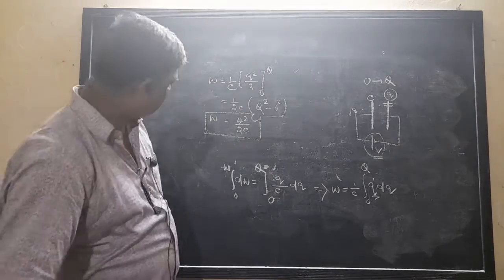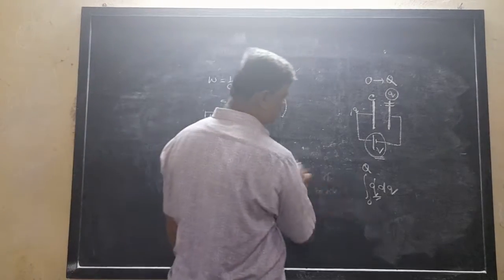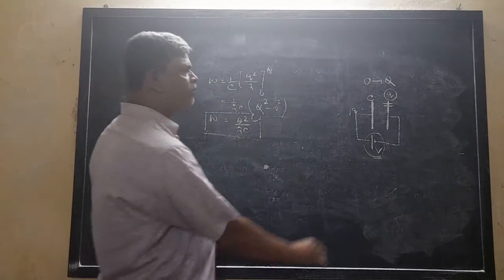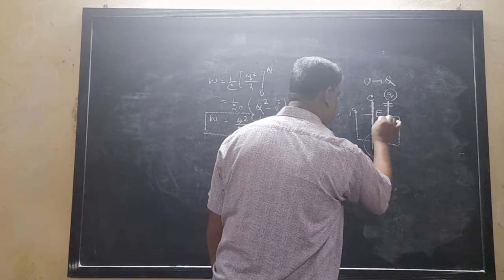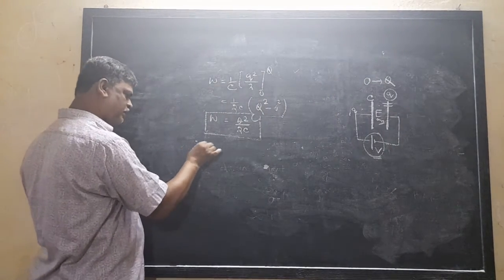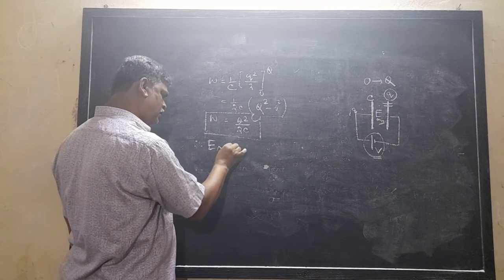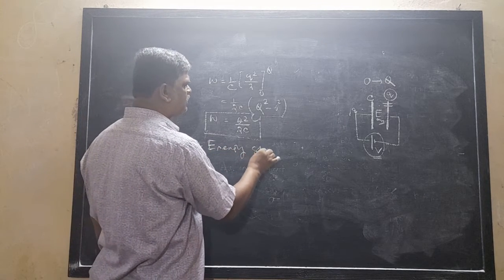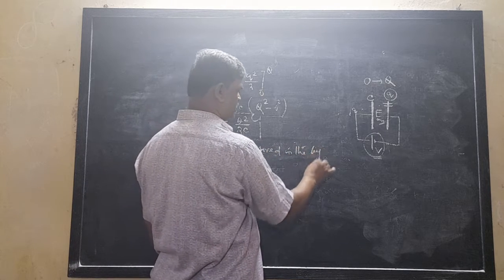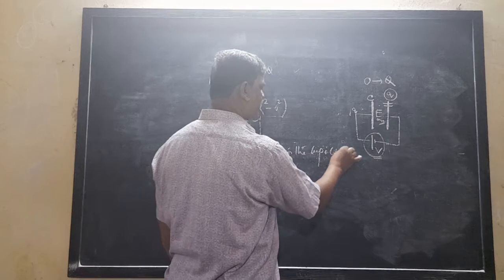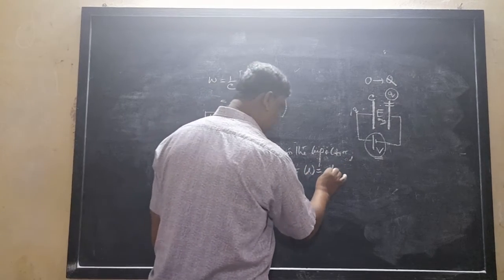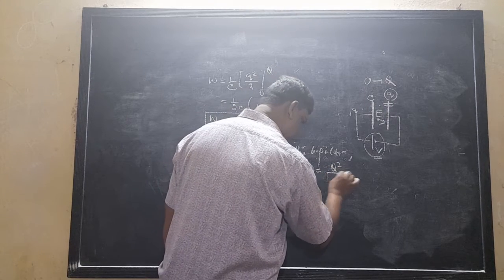Clear? So this work is nothing but the work done by the source, the battery, that is stored in the form of energy. So it is energy. So the energy stored in the capacitor, E is equal to W, that is equal to q square by 2c.